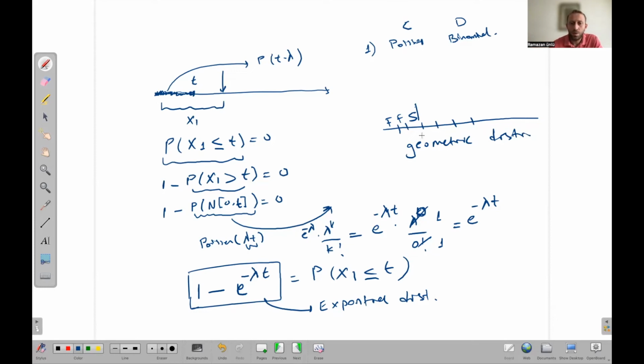So the second conclusion we just figured out is, if we are focused on the first success or first arrival, in other words, the inter-arrival approximation, if the case is continuous, we will use the exponential. If the case is discrete, we will use the geometric.